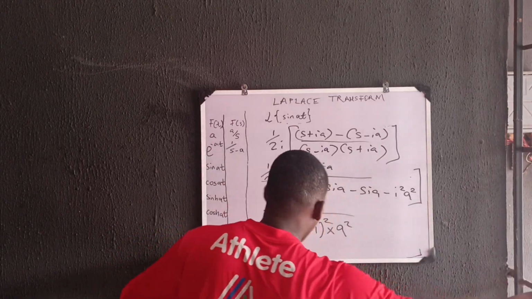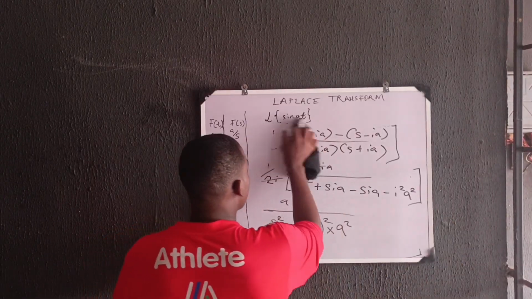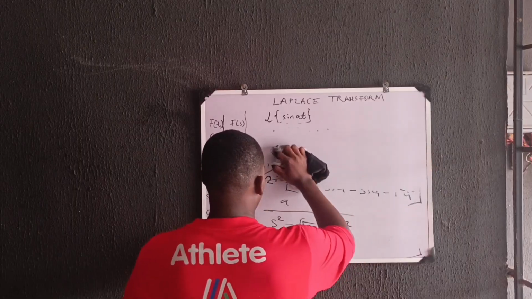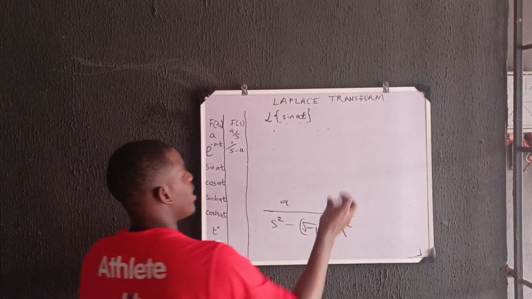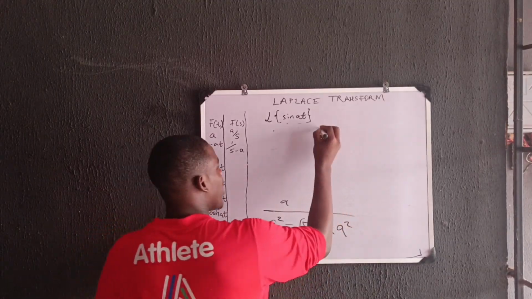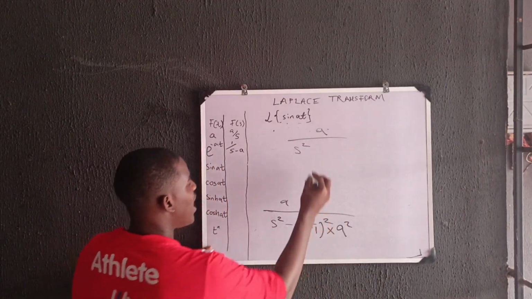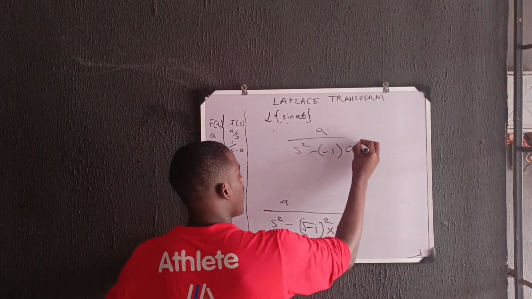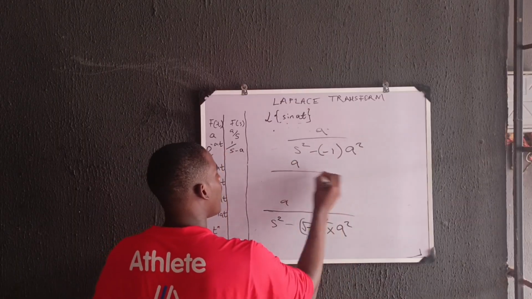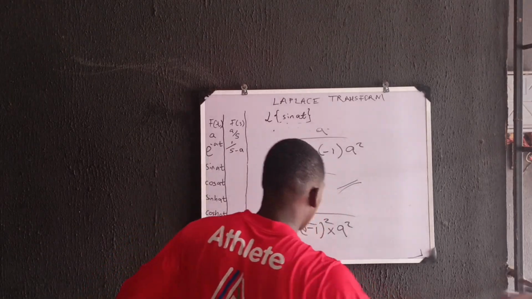So in the end, watch what is going to happen. We are now going to have a, I hope you're watching. We are now going to have a all over s squared minus 1 times a squared, which is a all over s squared plus a squared. Now this is our formula.